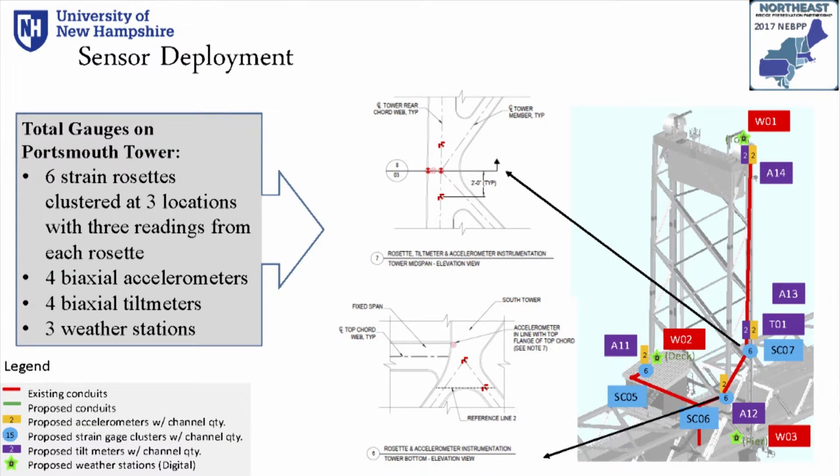In the tower, we have also used weather stations to measure environmental variation like humidity and wind speed, and tilt meters are also installed to measure the rotations of the tower, and there are also strain rosettes and biaxial accelerometers on the bridge.